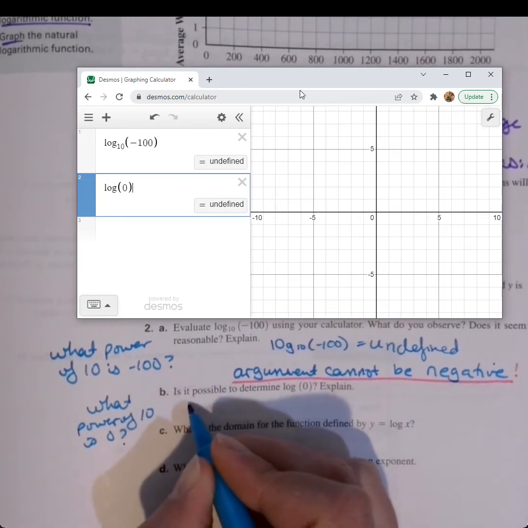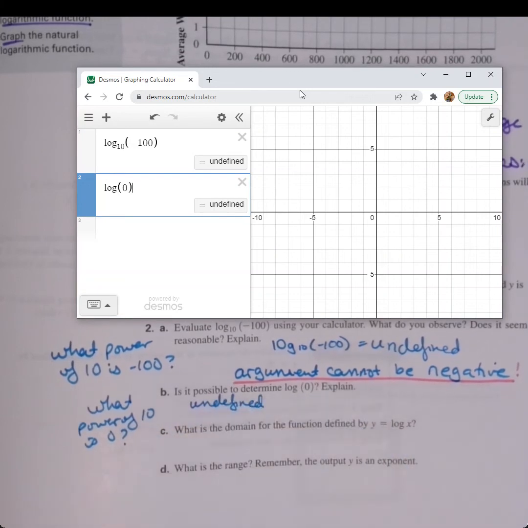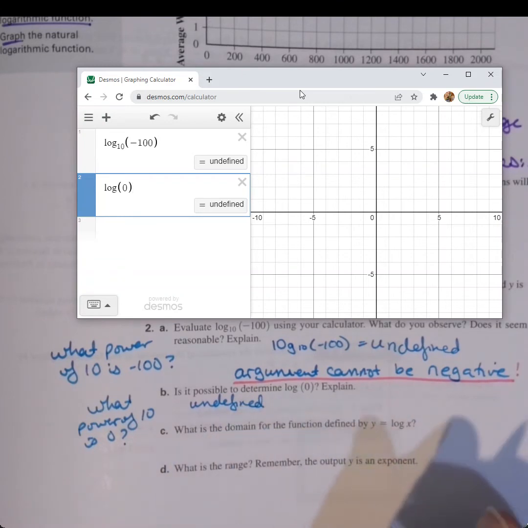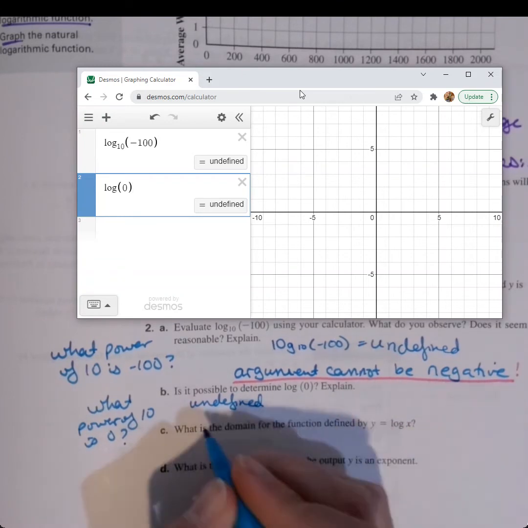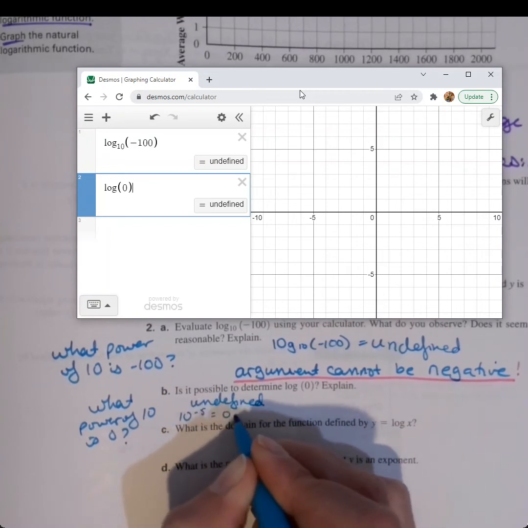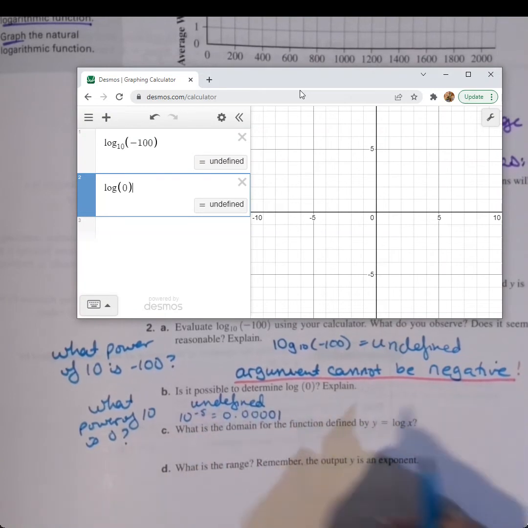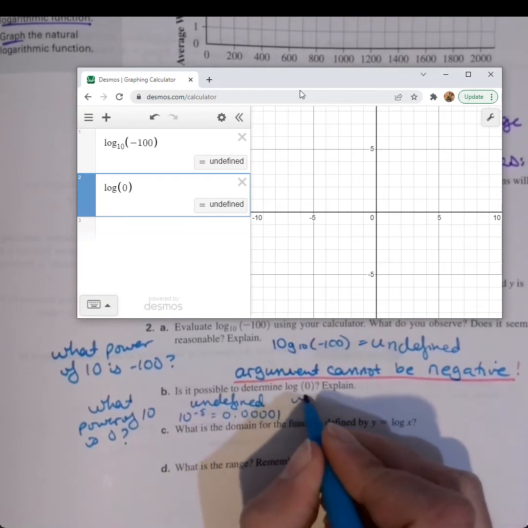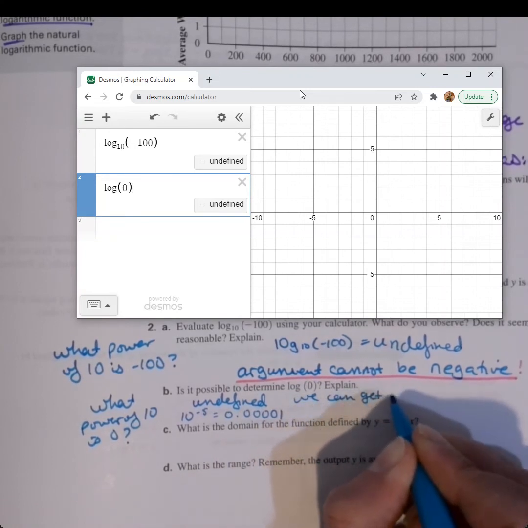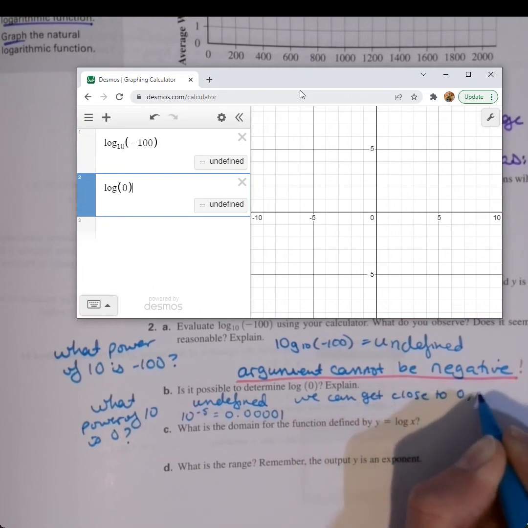So this is also undefined because no power of 10 will equal 0. For example, 10 to the negative fifth equals 0.00001. So I can get close to 0, but I can't get to 0. They can get close to 0, but not actually 0.